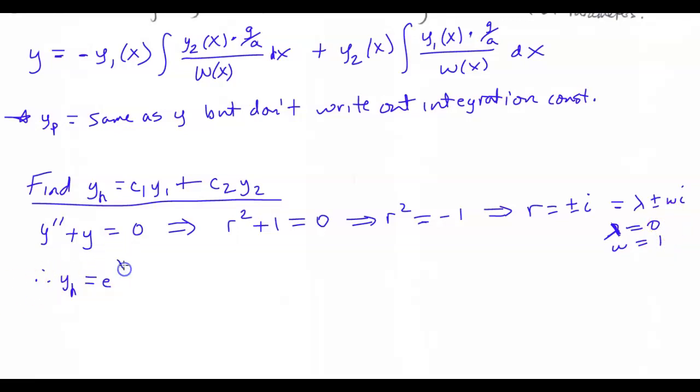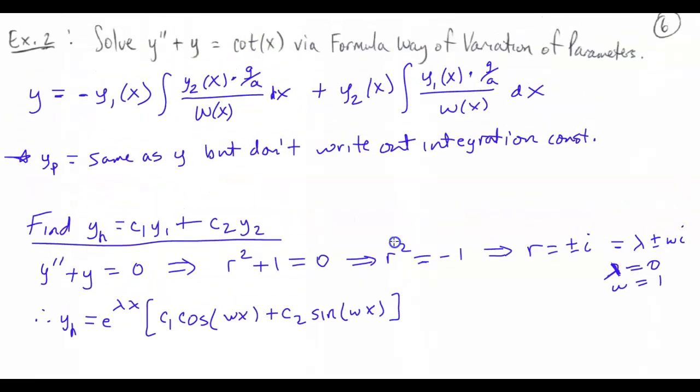So this will be e raised to the lambda x times c1 cosine omega x plus c2 sine omega x.